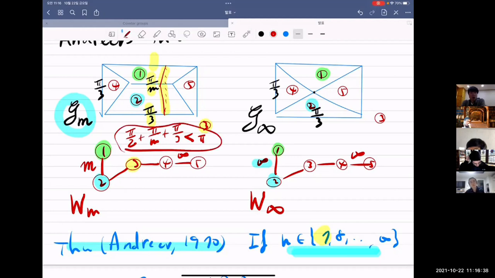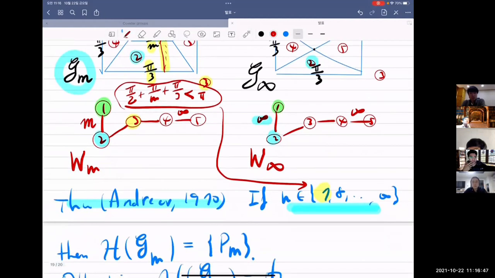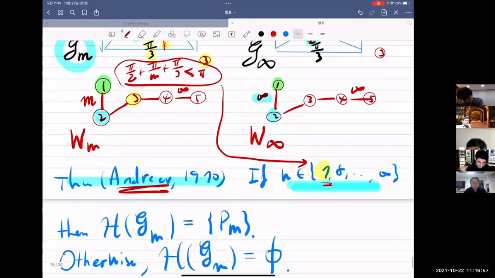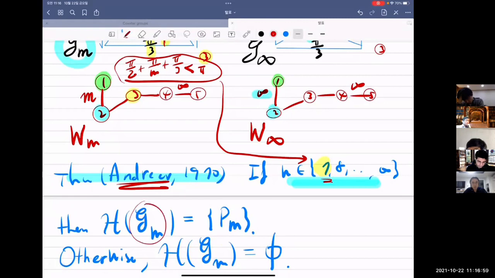From this, m should be bigger than or equal to 7. Okay, but this part is quite easy. The key part of the Andreev theorem is that this is enough to guarantee that your labeled polytope will be realized by a hyperbolic polytope.